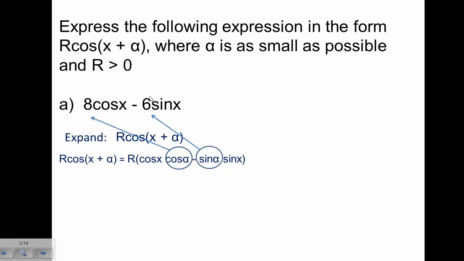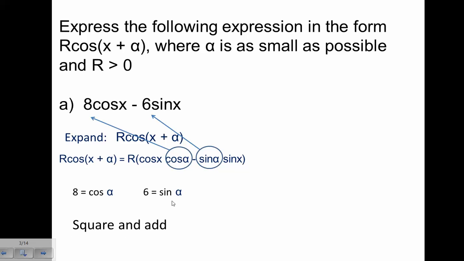So sin alpha must be the same as 6. So we've got 8 must be cos alpha, and 6 must be sin alpha. So we've got two equations that we need to solve.